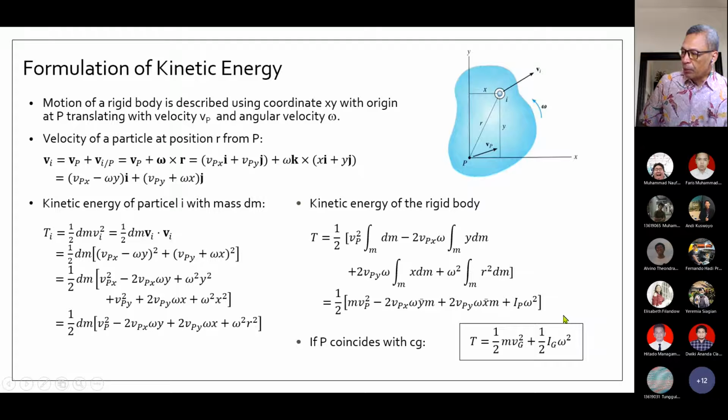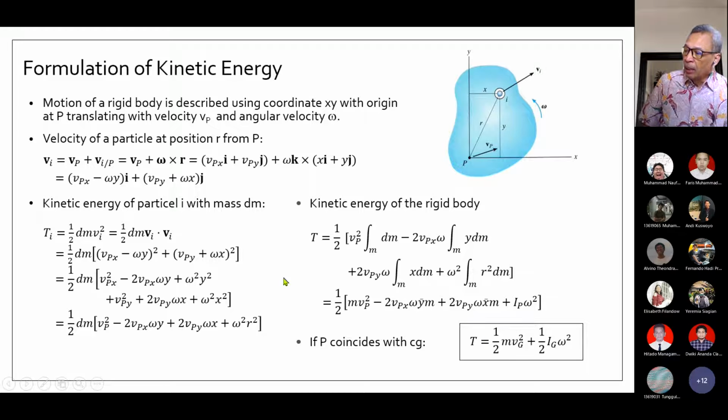So this is what you have to realize: this equation is specifically valid for velocity information at the center of mass of the rigid body. But if you want to calculate using any arbitrary reference point, then you cannot use this equation.